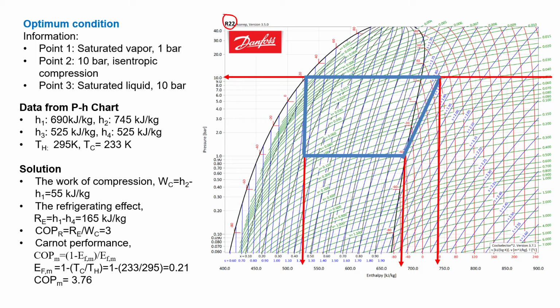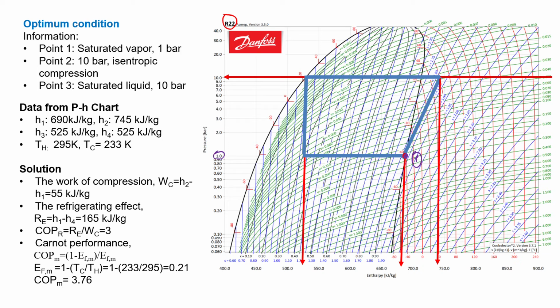In the optimum condition, we know that point 1 is saturated vapor at 1 bar. So this is 1 bar saturated vapor, that's correct.